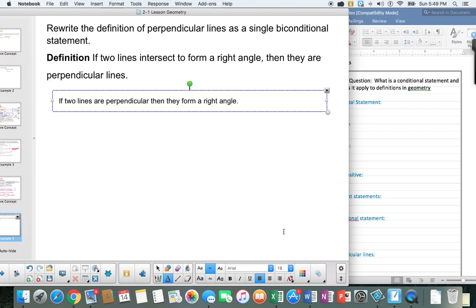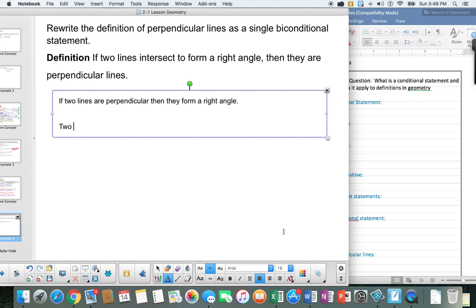Now the first one is the conditional, the second one is the converse. We can pull them together and put the phrases at one end and the other, and the in-between phrasing will be if and only if. Two lines are perpendicular if and only if they form a right angle.